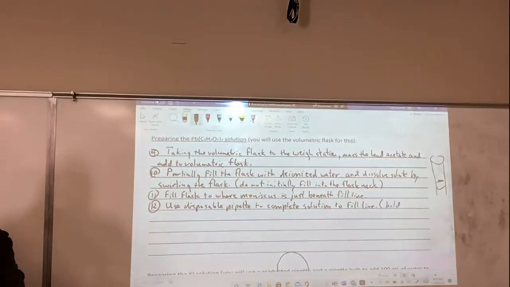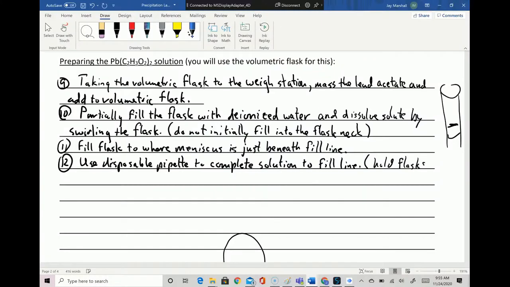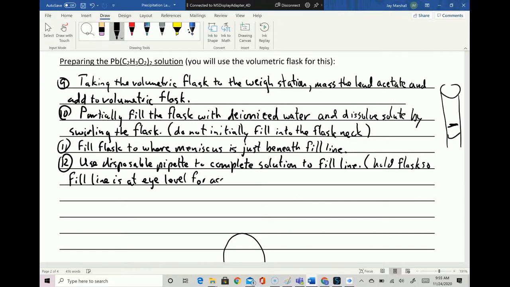Hold flask so fill line is at eye level for accuracy. Yes, it would be poor form of me not to include that after I said it so many times, right?